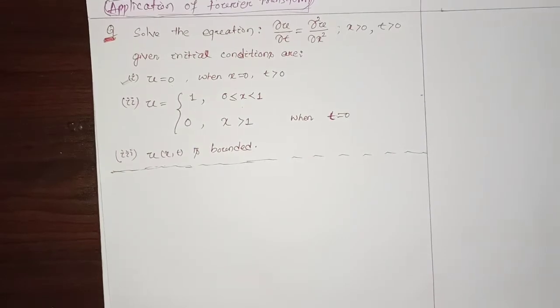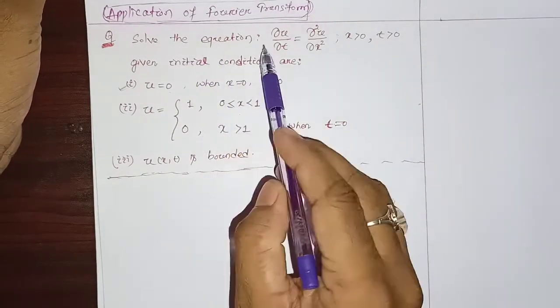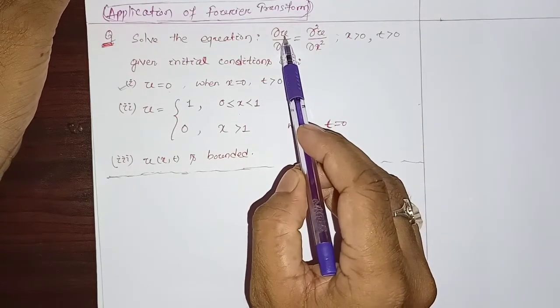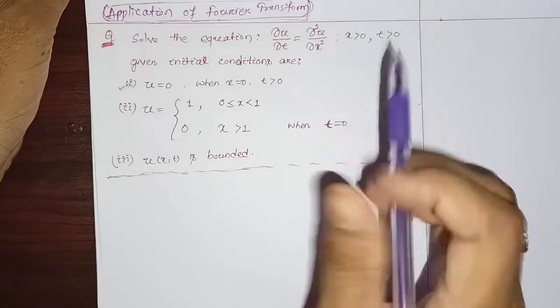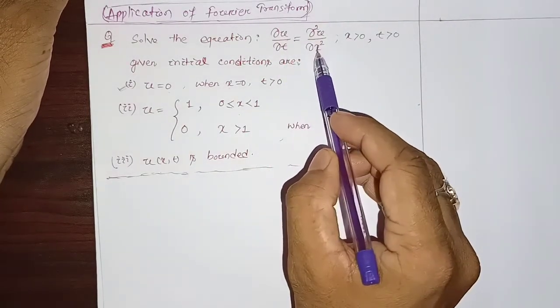Let's start. Before starting, you can see the given equation is del by del t of u, and we always have to remember that u is a function of x and t, because here we have del by del t of u and on this side del square by del x square.